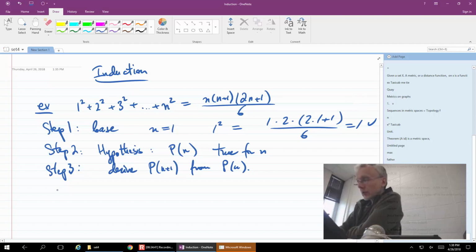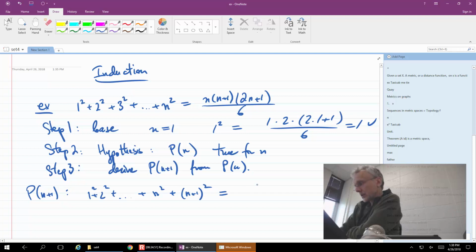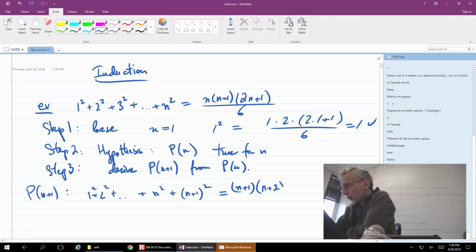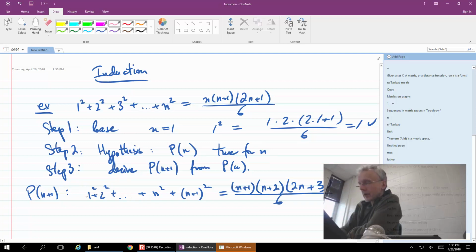So P(n+1), what is it? It is 1 squared plus 2 squared plus up to n squared plus n plus 1 squared is equal to what? n plus 1, n plus 2, and here 2n plus 3? Yeah, still over 6. Okay, so the good news is this, right?